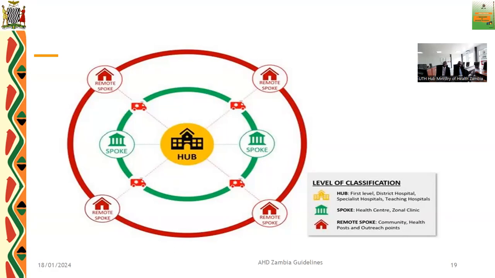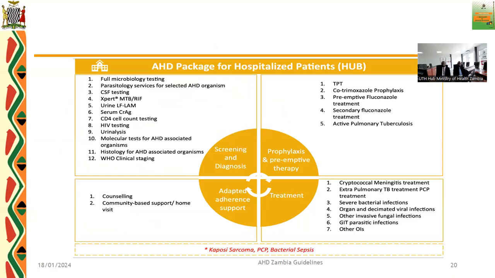ICAP is in Western Province, ZIA in Northwestern and Copperbelt, and Right to Care in Northern, Muchinga and Luapula. So we want them to operationalize this spoke and hub model this very year. Next slide with those targets that I've shared with you.